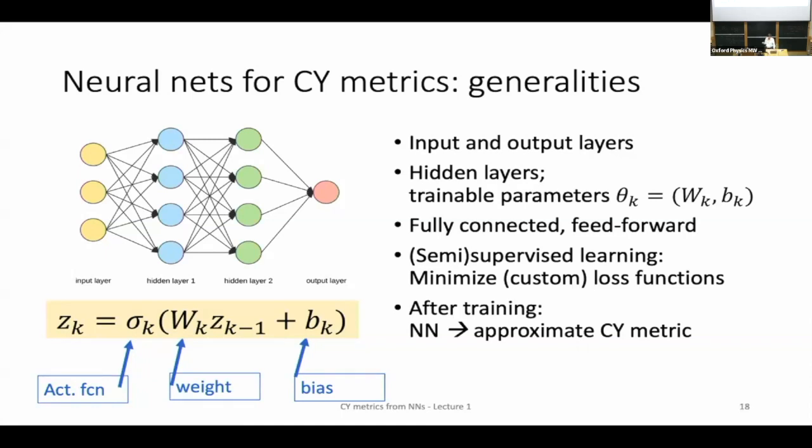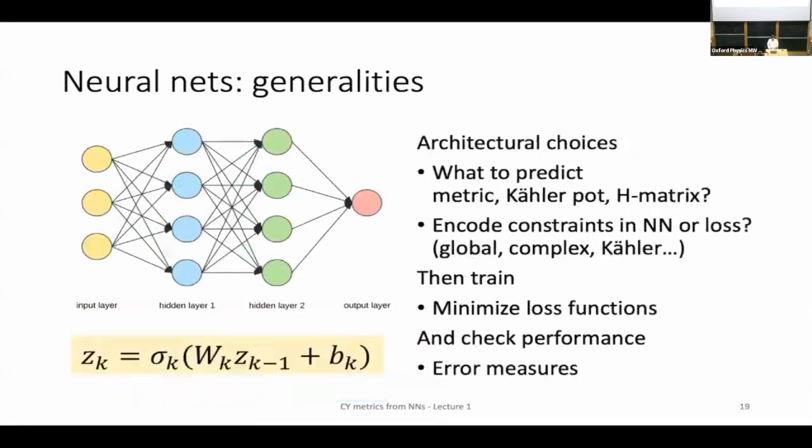Okay, so we have this network. We would want to train it, so we will do that by minimizing certain loss functions that I will tell you about in a minute. And after the training, we should then have a prediction for the Calabi-Yau metric. Then we have to choose what we want to predict.